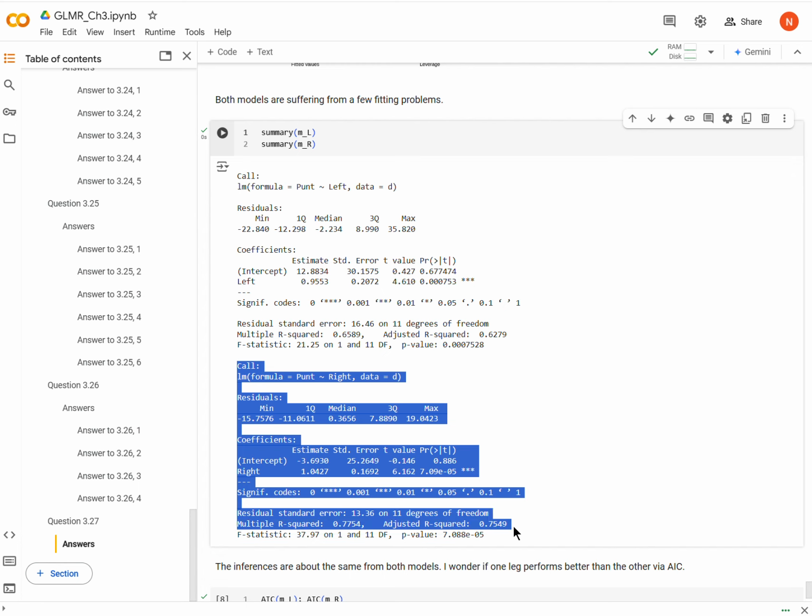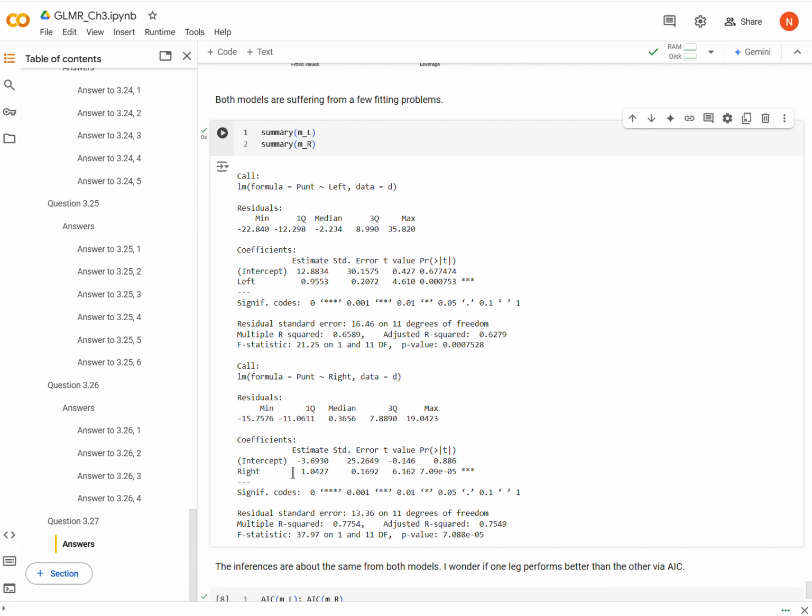This is for right leg strength, and you're seeing pretty similar inferences, although maybe not similar magnitudes, for the effect of leg strength, whether left or right. Namely, as strength goes up, so does punting ability. Okay, so there's that.